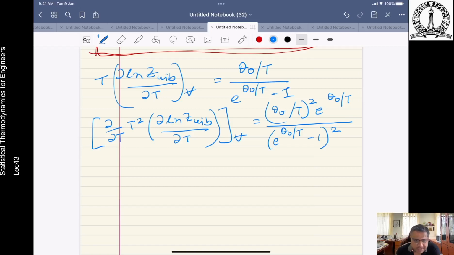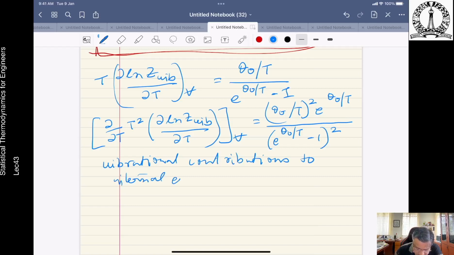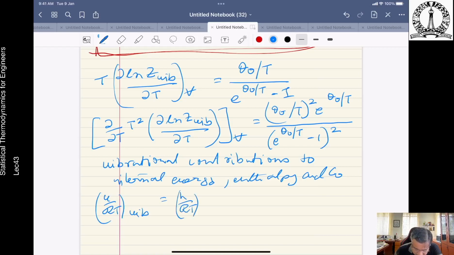On the basis of this, we can now calculate the vibrational contributions to internal energy, enthalpy, and heat capacity, CV. So U by RT vibrational, which is the same as H by RT vibrational, is equal to theta V by T divided by e to the theta V by T minus 1.